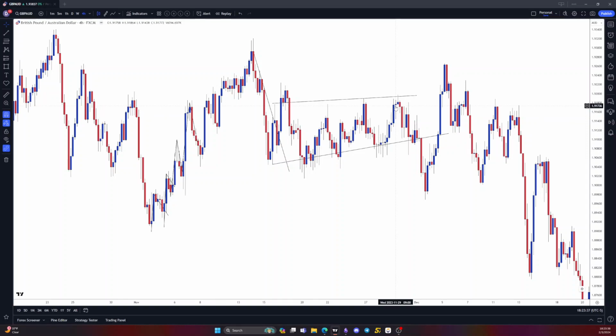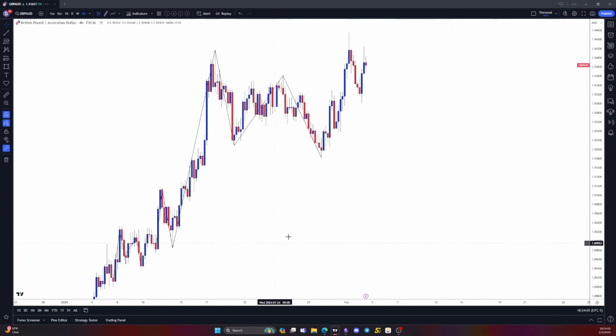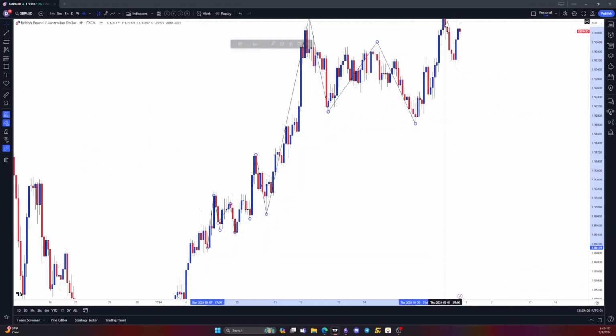Most of my stats are based off the three-legged formation and the single-leg formation, and I found the three-legged formation to be the most profitable or highest probability, and multi-leg very rarely comes around. So I can't say whether it's the most or least probabilistic setup, but single leg definitely isn't. So that's the three-legged, single leg, and multi-leg formations. You can check all that off.